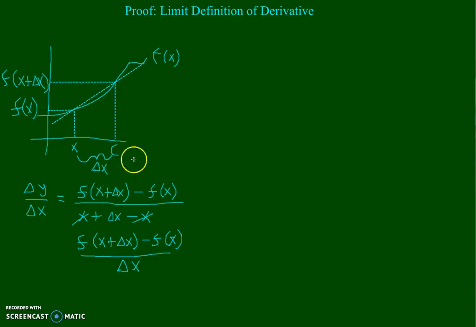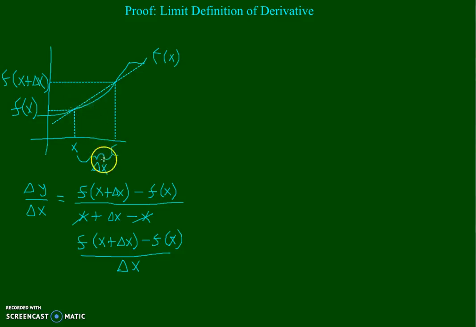Well, what we're really driving at with the derivative is we're looking for the slope of the tangent line. We can see that if this point C gets closer and closer to x, this line is going to closer and closer approximate the slope of the tangent line at that point.